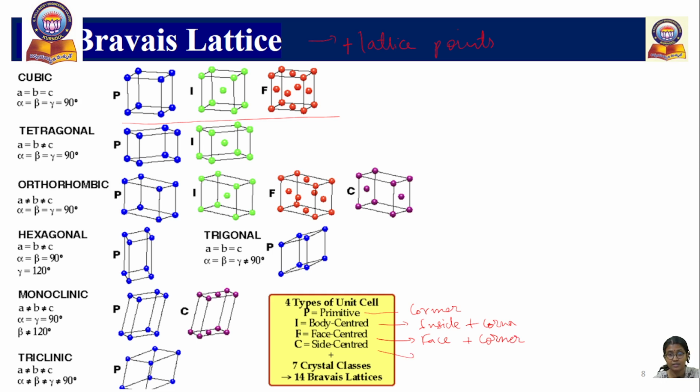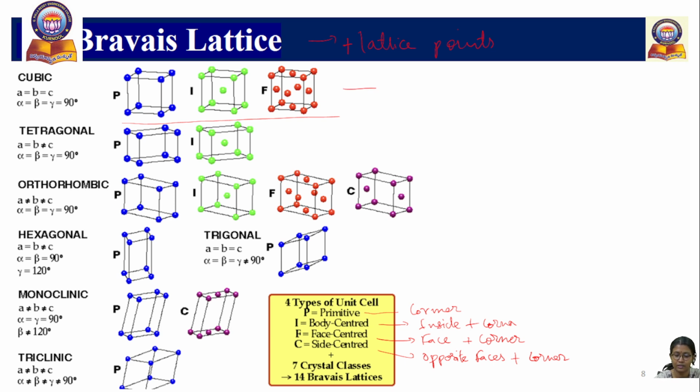C implies two opposite faces: any two opposite faces we can take, there will be lattice points there and on the corners. If someone asks you and you just write P, I, F, C without mentioning what they are, it will not be a good sign. So we have to tell what P, I, F, C are.